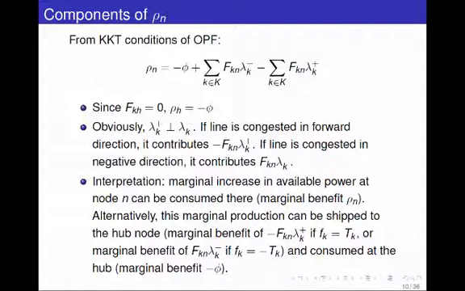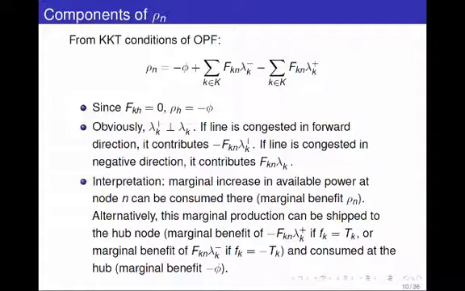If I ship it to the hub node, so now there's a plus 1 megawatt showing up here, and I argued earlier that the marginal benefit of that is minus phi. So again, remember the dual interpretation flips between phi and the rhos. So you can either consume it here or ship it.